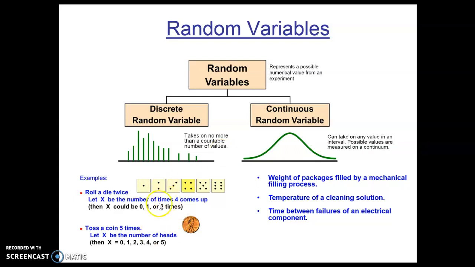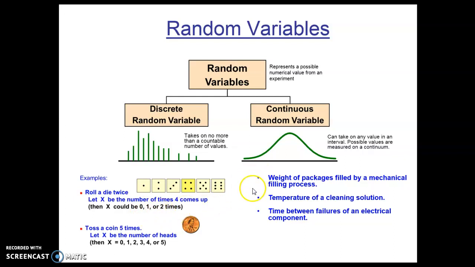For example, what is the probability of getting a 4 if you roll a die 2 times? Well, you could get a 4 0 times, you could get it 1 time, or you could get it 2 times. So these are discrete because 0, 1, and 2 are countable items.